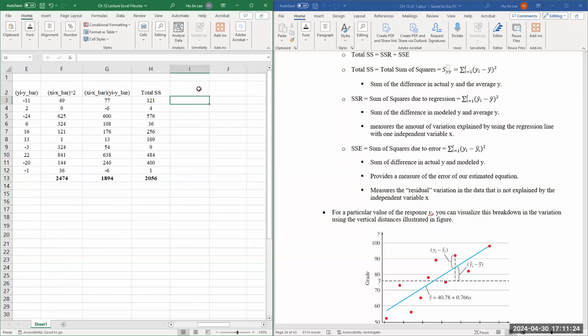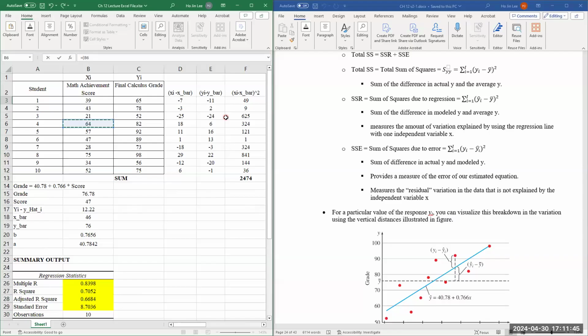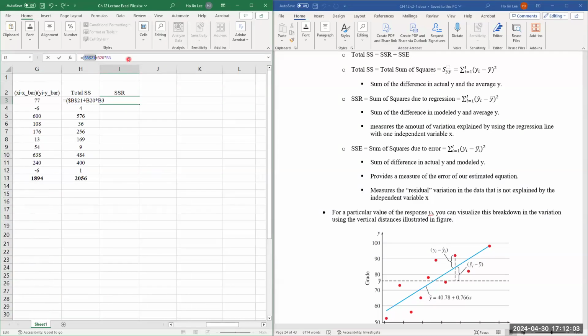SSR. And that's the sum of yi hat minus the average. What is yi hat? yi hat is the estimated y given our model. So that is the y-intercept, A, plus B times X. And we need to lock in place, anchor the intercepts.